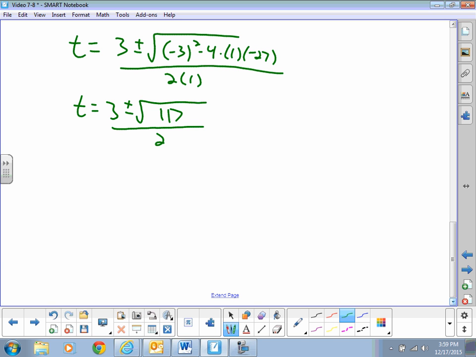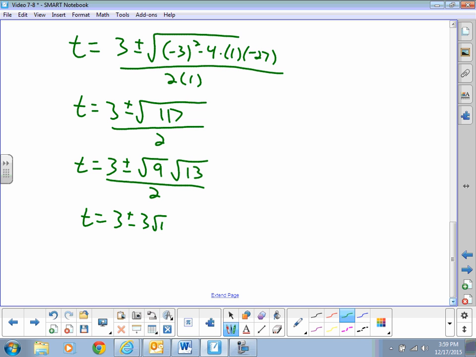So we got 3 plus or minus the radical 117 all over 2. So again, the 117 came from doing 9 plus 108. 117 can be broken down. Nine and 13. So we really have that t is 3 plus or minus 3 square root of 13 over 2.